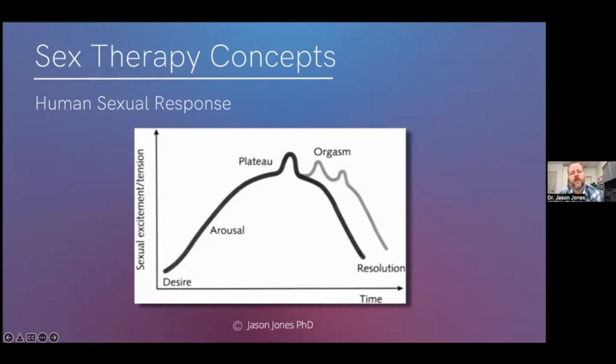So Masters and Johnson came along in the 60s. Masters was a trained physician and researcher, and he ended up marrying Johnson, who started out as a receptionist. They have a very interesting history.